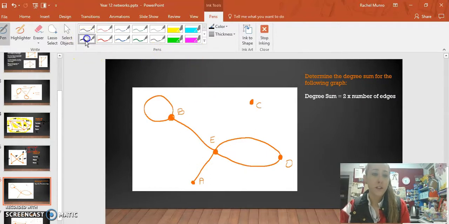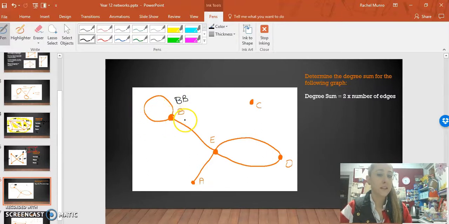So we're going to have to label all of our edges so that we can plug them into our equation. So we've got B to B, because of course that loop counts as an edge.